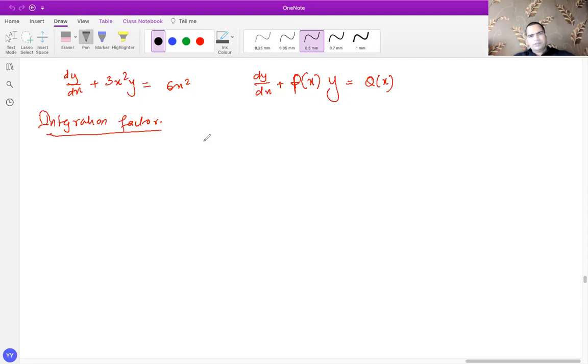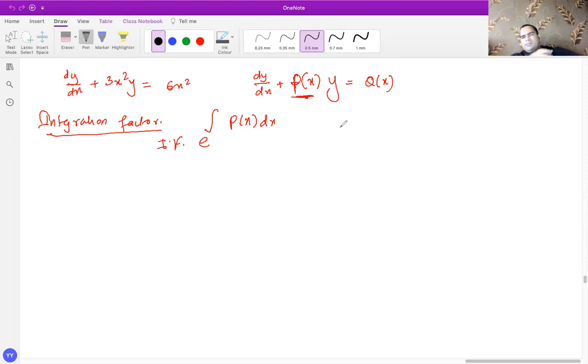The integration factor is defined as e to the power integration of p of x. So whatever function you see here, if you integrate that and raise e to its power, without the constant, because constants will be counted at the end once you finish the integration, e to the power integration p x dx is called the integration factor.